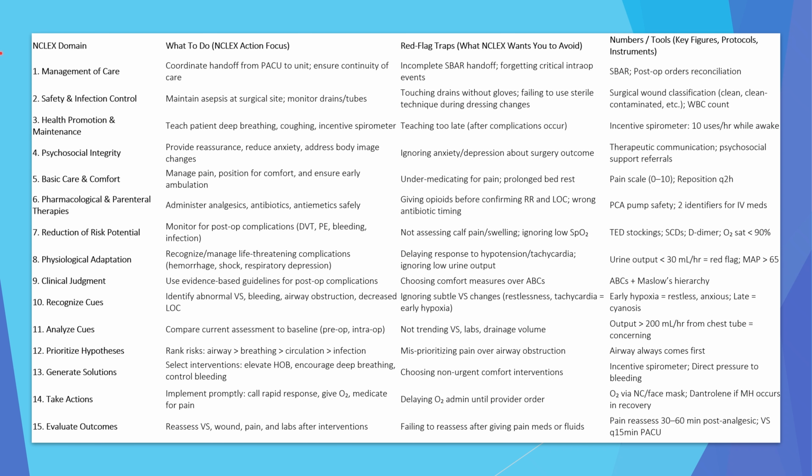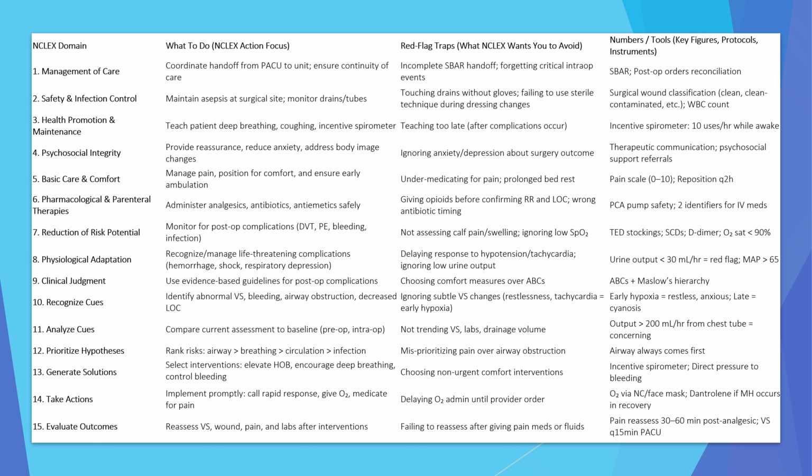So here you see the NCLEX domains. I call them domains from the chapter, and here we have all 15. I find that many people are struggling with basic care and comfort, so I'm going to read this first.